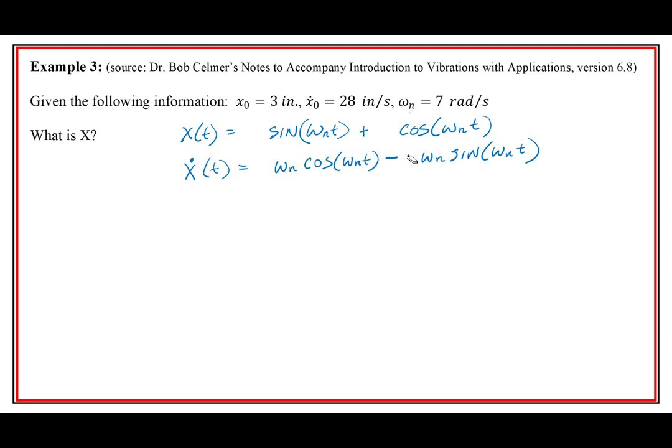We already solved for these, so let me put this back in here. We had x naught right here, and x naught right there, and then we had x naught dot over omega n.